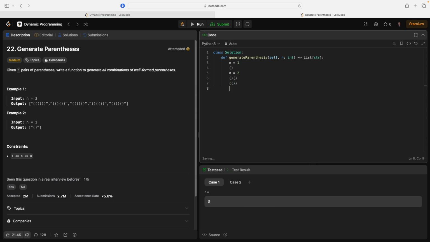Okay, so n equals 2. I did attempt this a while back, and there was like one condition that I didn't get to.